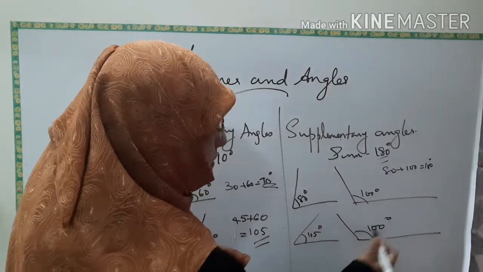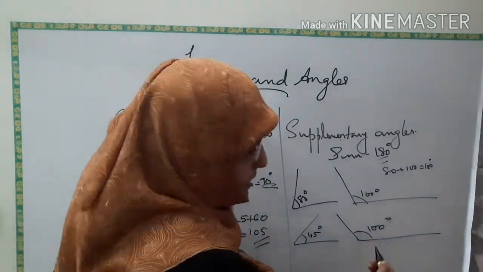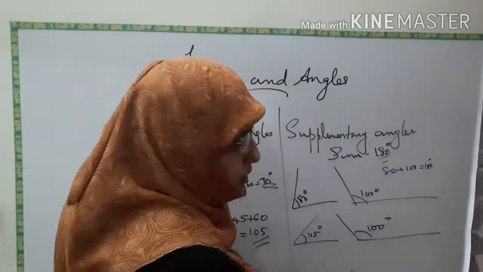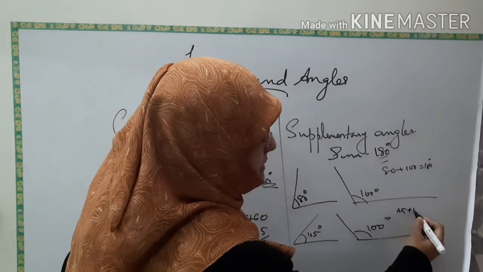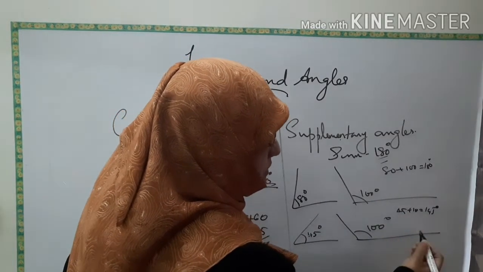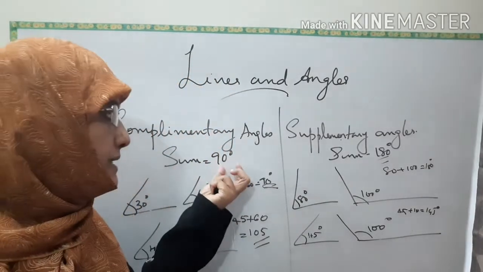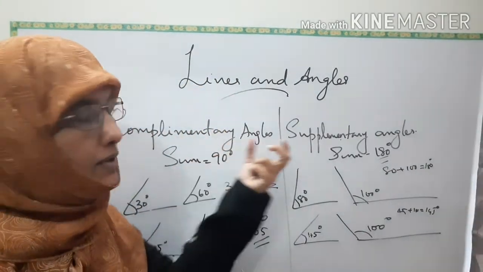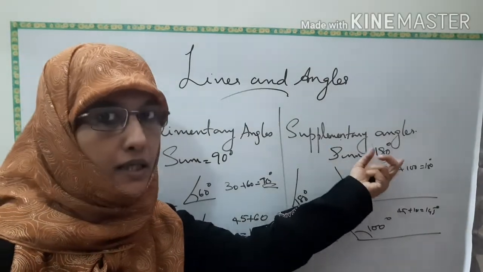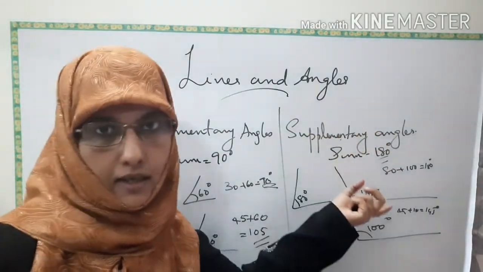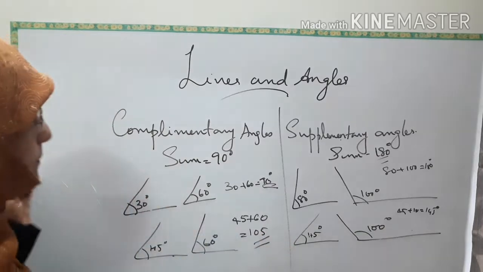See these 2 angles, 45 and 100. Are they supplementary? No. Why? 45 plus 100 is 145, so they are not supplementary. So when you add 2 angles, if you get 90, they are complementary angles. When you add 2 angles and get 180 degrees, they are supplementary angles. Hope it's clear for you.